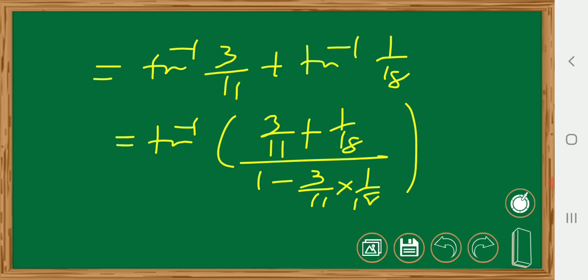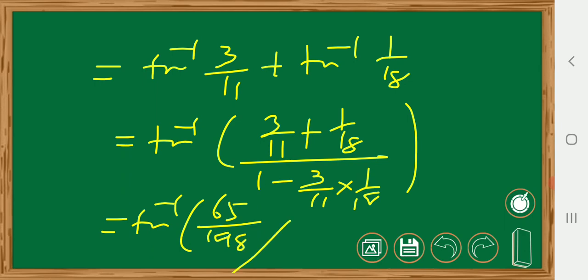Okay. So now you can solve this one. No doubt you know the addition. As a class 12 student, you can add this one. Okay. And you get your result 65/198.